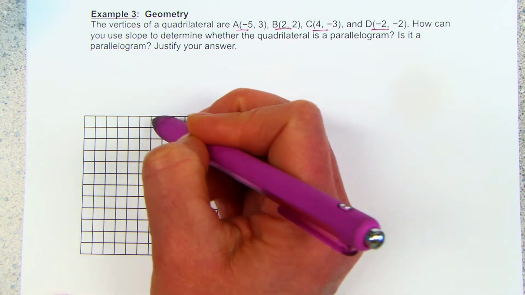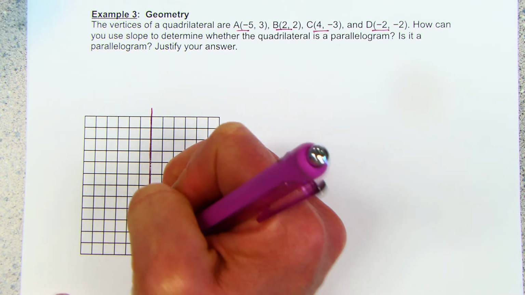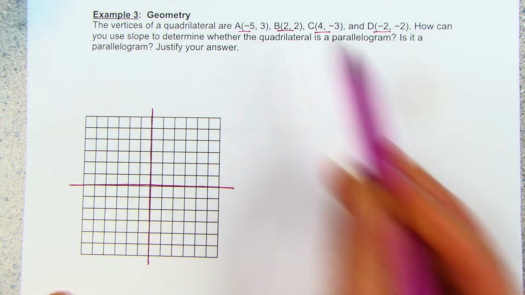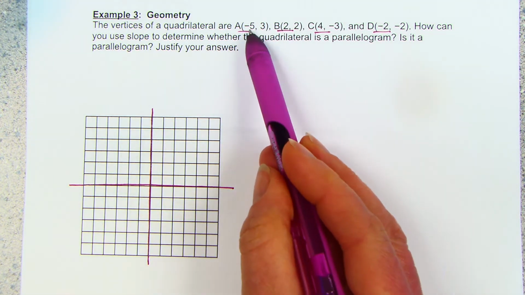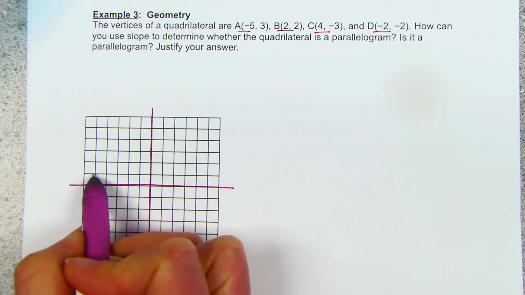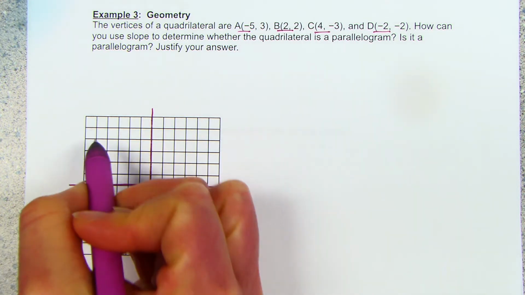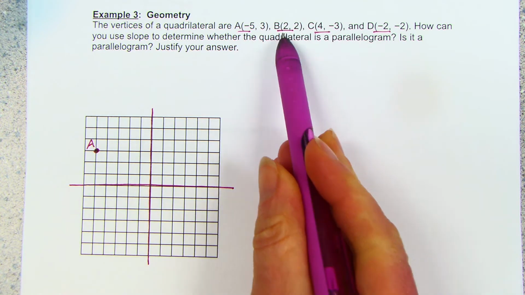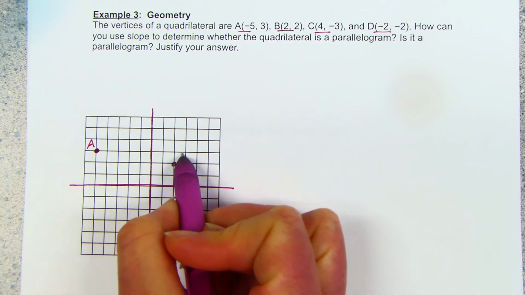Right, so I'm going to start by just making the x and y axis in the middle here and plotting my points because it'll help me to visualize that quadrilateral. So A is negative 5, 3. B is 2, 2.